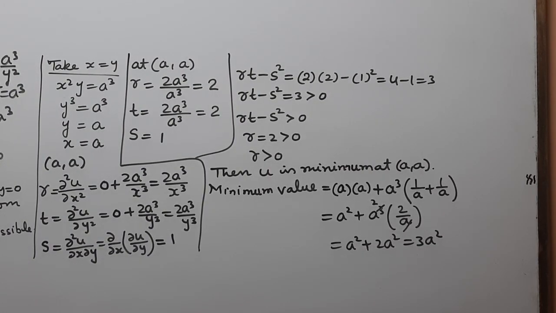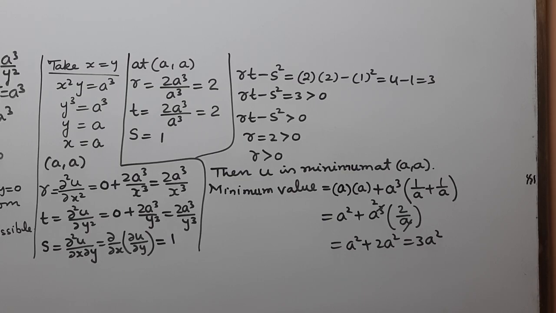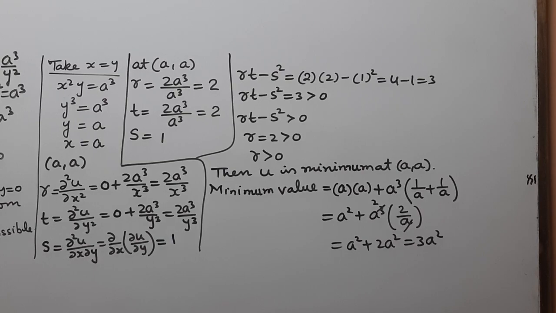You can see that when we find the maximum or minimum value of functions of two variables, first we find the partial derivatives of the function with respect to x and y. After that we put del u by del x equal to 0 and del u by del y equal to 0, and we get two equations.